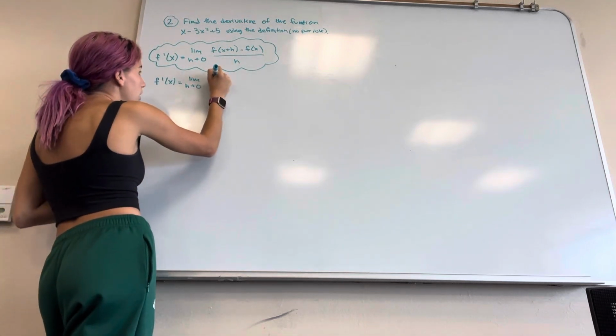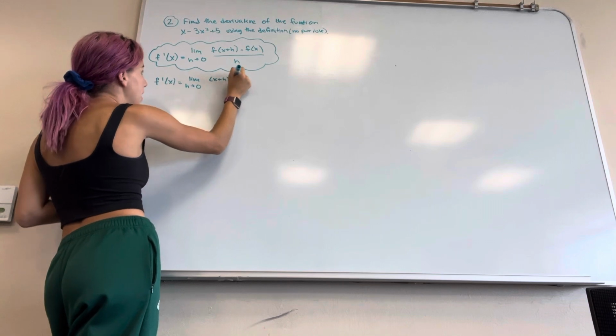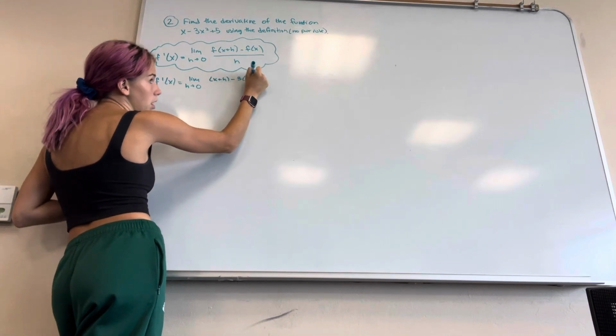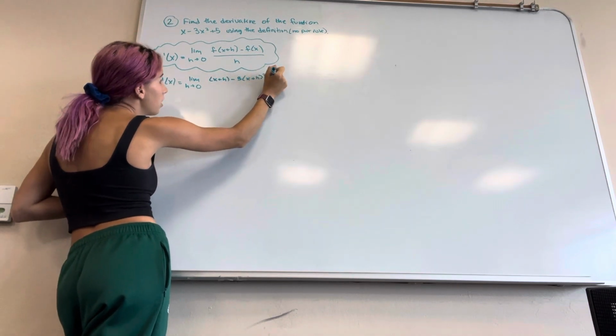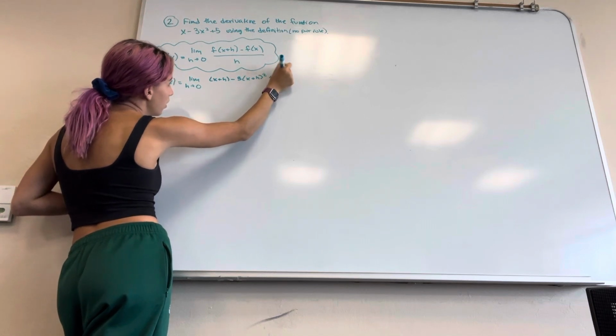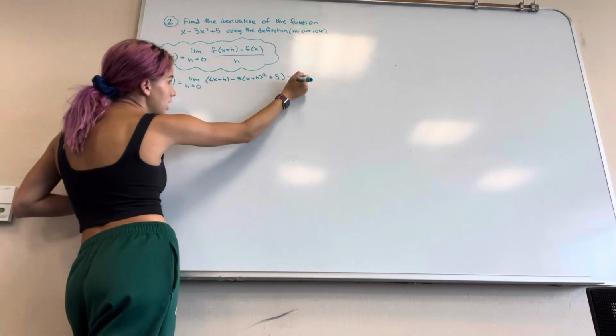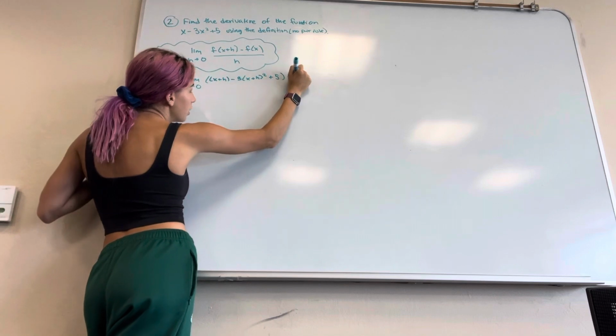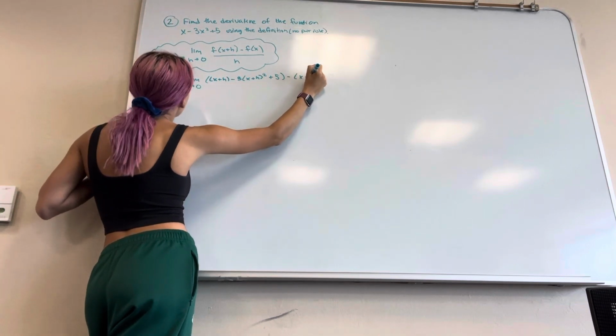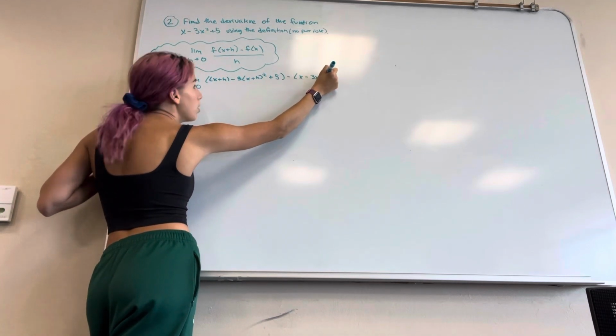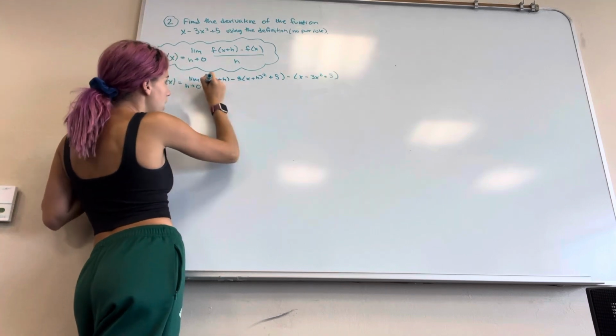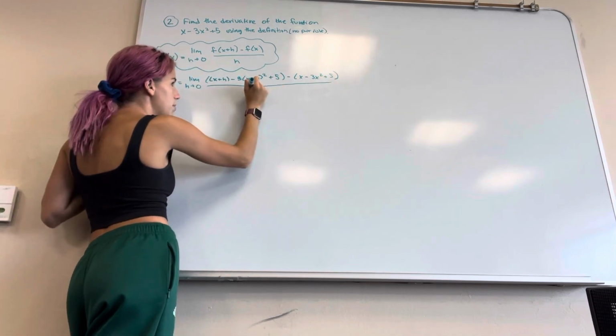So x plus h minus 3 times (x plus h) squared plus 5. And then we're going to subtract f of x, which is just that itself. So minus x minus 3x squared plus 5. Okay. And the entire thing's going to be over h.